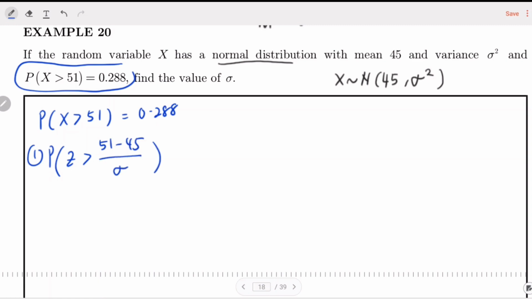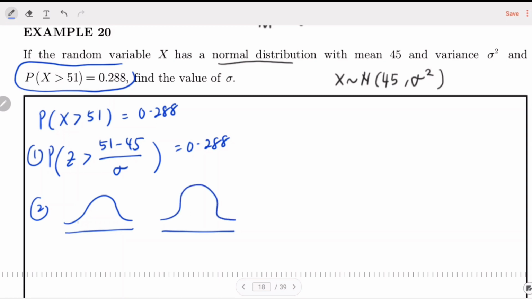Okay, divided by standard deviation, which is sigma. And then bell shape, but since our Z is unknown, we need to sketch the bell shape to check whether Z lies on the positive side or on the negative side.